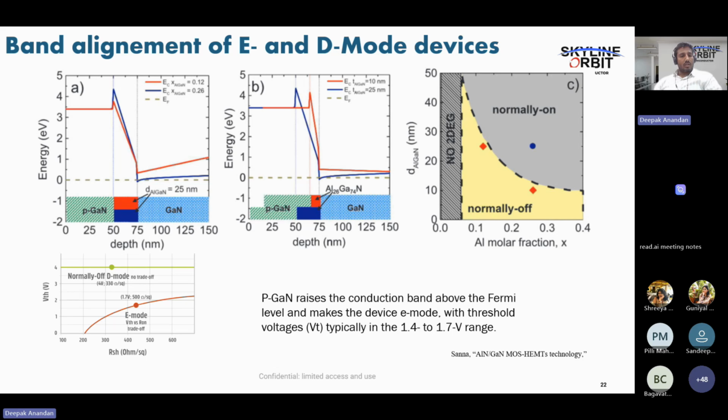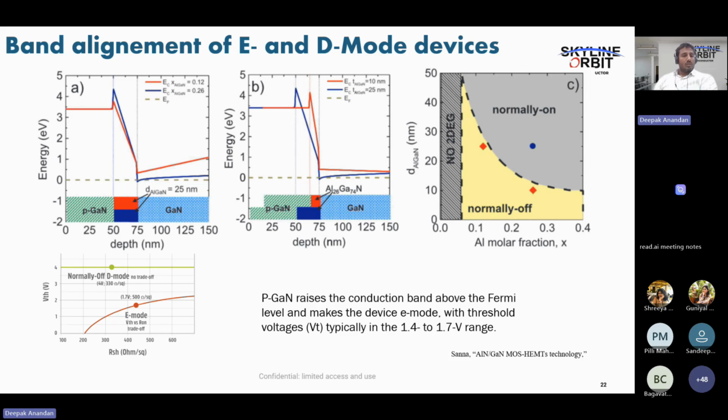So it is one way or another. You have to either compensate the sheet resistance or it's a trade-off. If you look for low sheet resistance, your threshold voltage will be very low. If you look for high threshold voltage, the sheet resistance will be very high. But you need to compensate. If the sheet resistance is high, the device performance will be low compared to D mode, normally on.